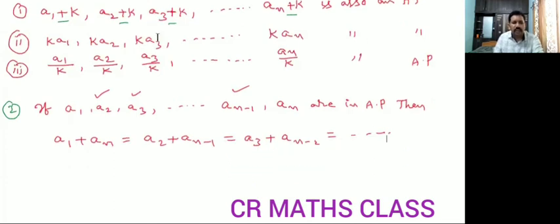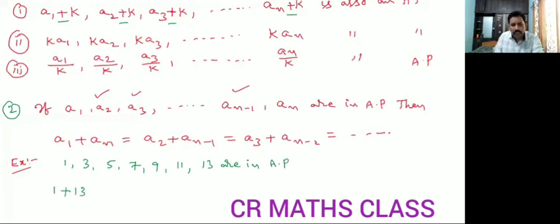See one example. For suppose 1, 3, 5, 7, 9, 11, 13. These are in an AP series. Now the sum of the first term plus the last term is equal to the sum of the second term plus the second-from-last term, that is 5 plus 9.